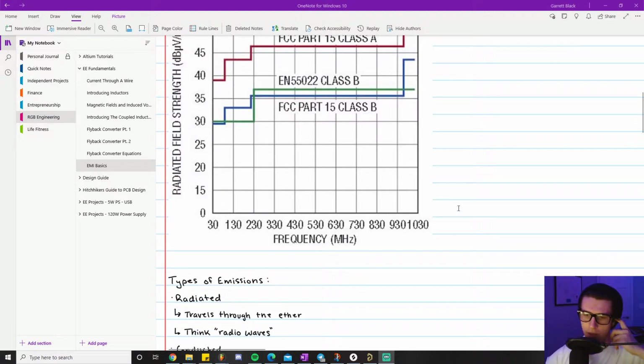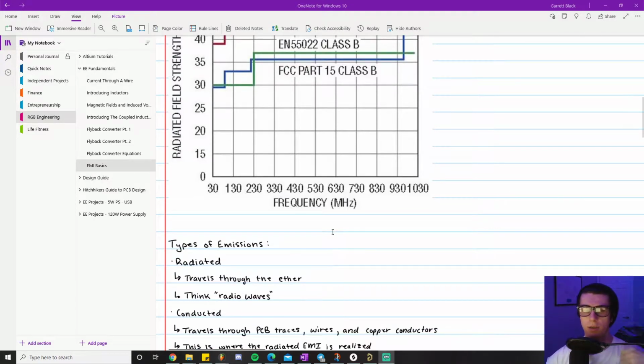So what I just talked about, radiated and conducted. There are two types of EMI emissions: radiated emissions or conducted emissions. Radiated emissions are emissions that travel through the ether. I mean, as you know, EMI doesn't actually travel through the air, but for all intents and purposes, it's the wireless part of EMI. It's what causes Bluetooth to work.